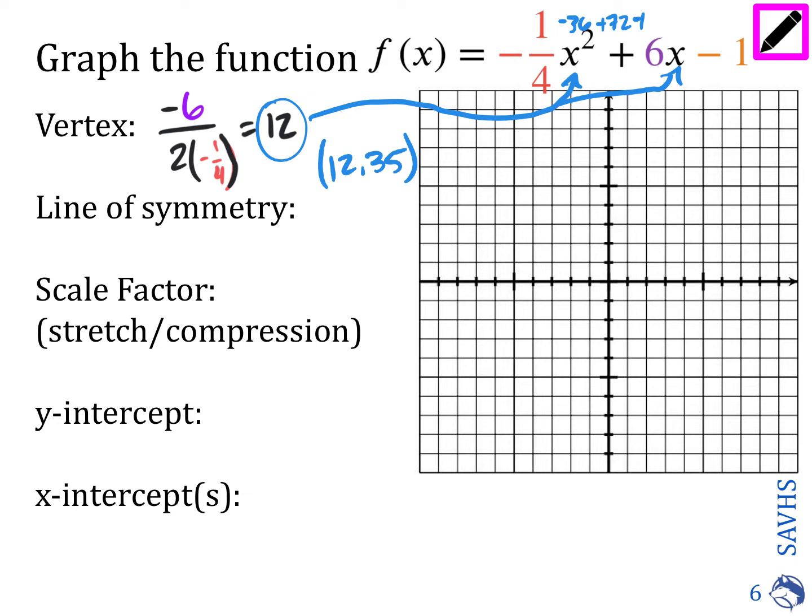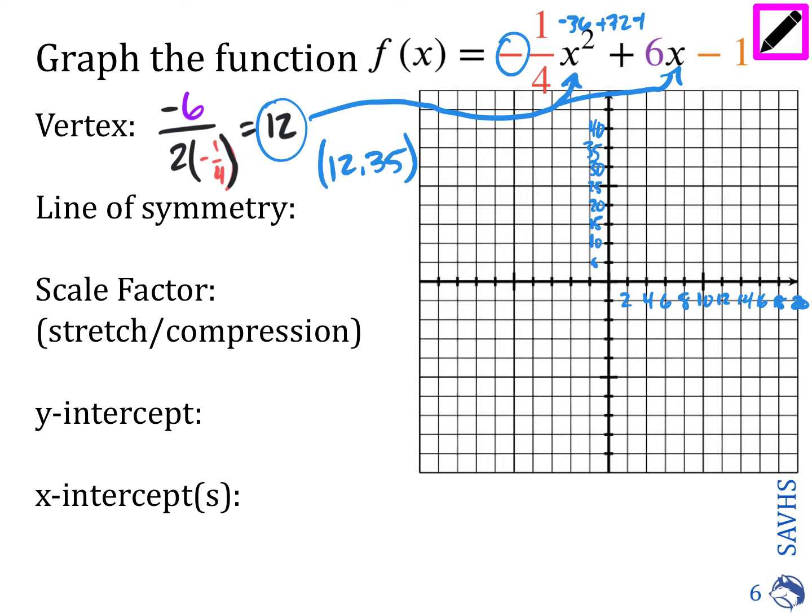My graph is not super helpful, but I'm going to go by 2s. And then my y-axis, I think I'm going to go by 5s. The reason that I'm doing that is because I know that this is going to open downwards because of the negative scale factor.